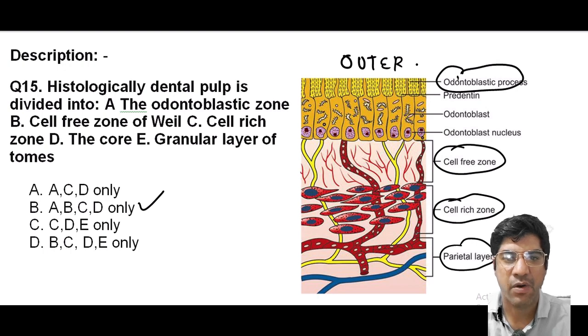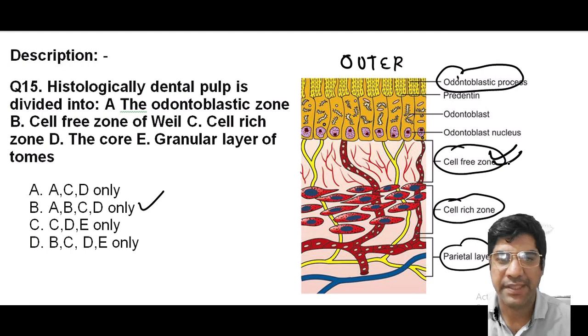The cell-free zone is the zone of Weil. It is the zone where there are fewer cells, with fewer nuclei. It is primarily composed of ground substance.